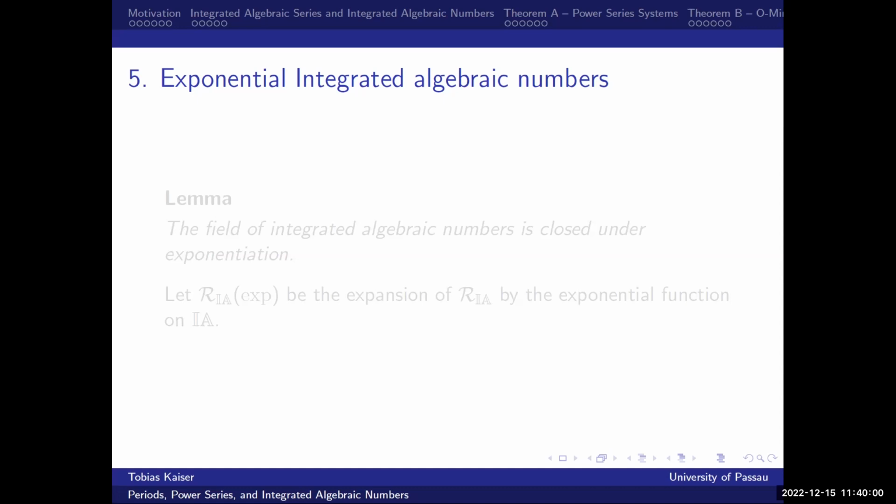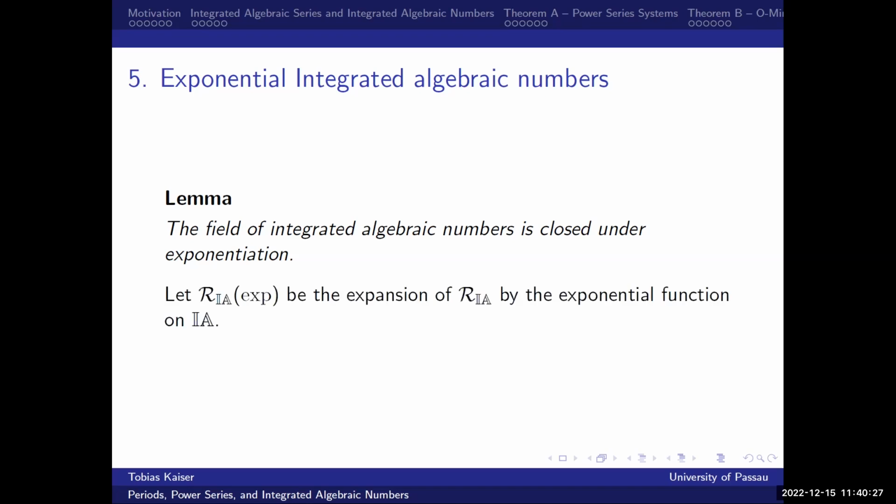Analysis system implies Weierstrass system. In a Weierstrass system, we have compositional inverses, so we also have the exponential function. And this gives that the field of integrated algebraic numbers, this countable field, is also closed under exponentiation. It's kind of uniform, since the exponential series is in my system.